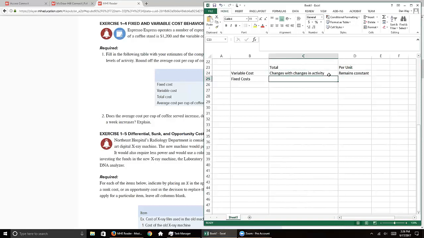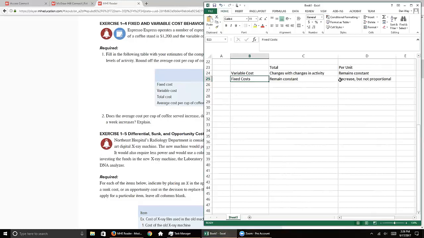Fixed costs, on the other hand, in total remain constant within some relevant range. On a per unit basis, they decrease, but it's not really proportional. It's a weird exponential or logarithmic type function, because we're just spreading those fixed costs out over a greater number of units.